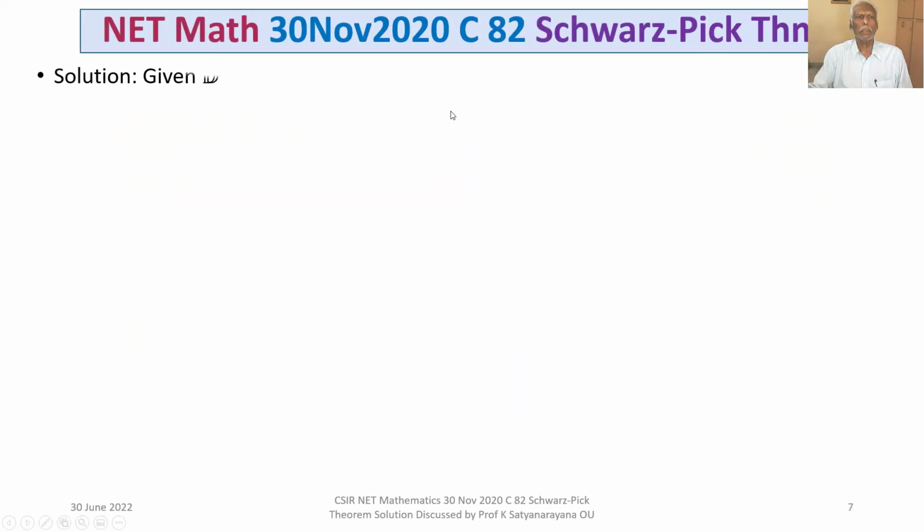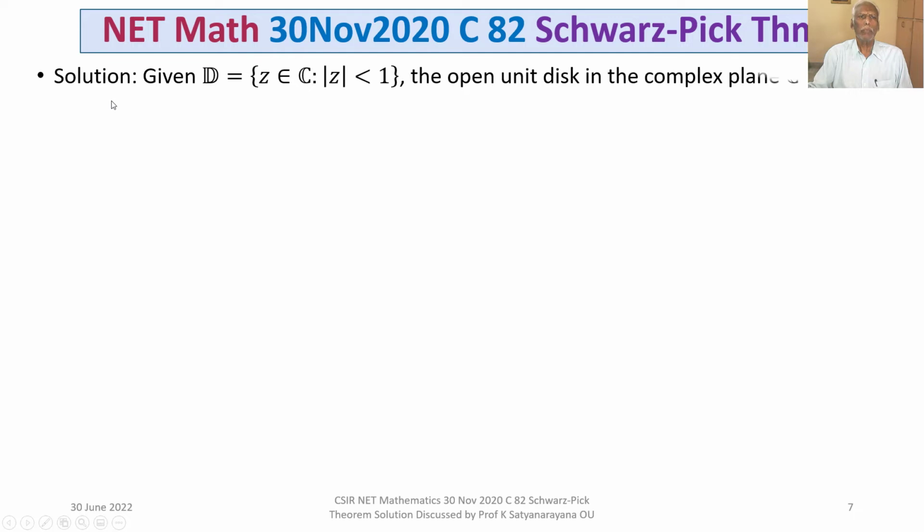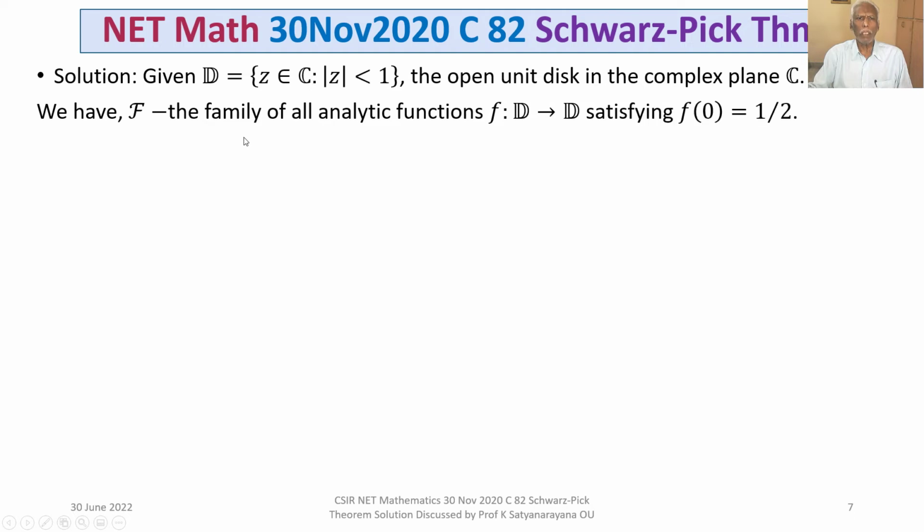Let us discuss the solution. We have D, the open unit disk in the complex plane C. We have script F, the family of all holomorphic maps, that is, the family of all analytic functions f from D to D satisfying f of 0 is equal to 1 by 2.